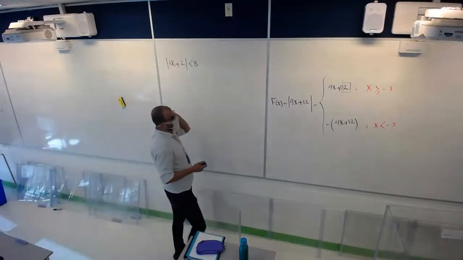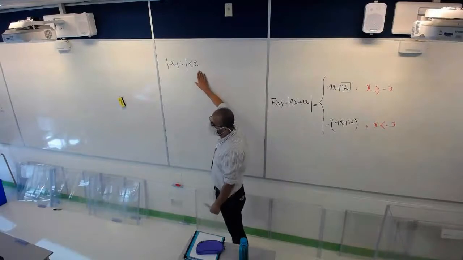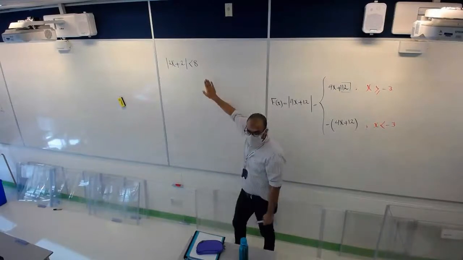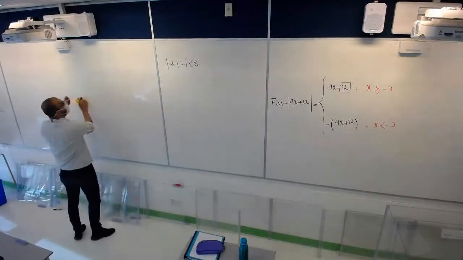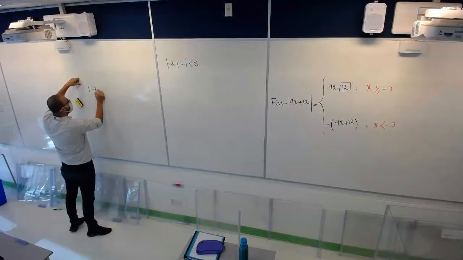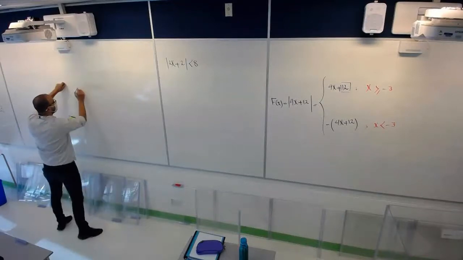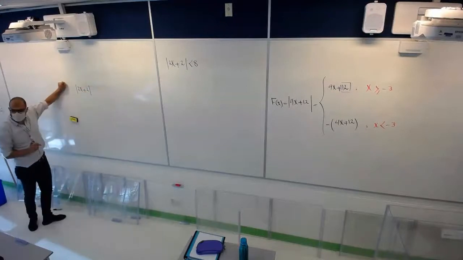First of all, guys, look at this. For just 1 minute, imagine that this equation which I have here is not an inequality. Imagine that I have 2x plus 2 as a function.